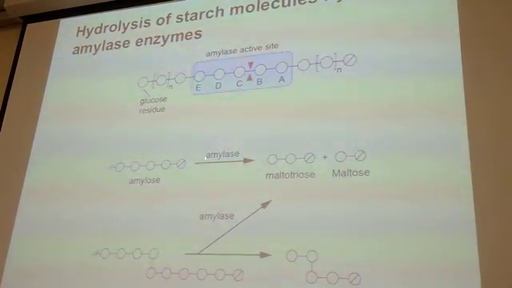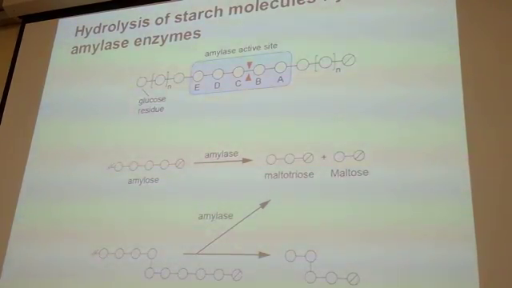And so amylase, secreted by the pancreas, was one of those enzymes that was important for the breakdown of glucose polymers. And it could cut within the polymer to produce smaller disaccharides or trisaccharides, right? And this is because it binds sort of an active site of 5 glucose residues and cuts in this residue. This is kind of an endo reaction.